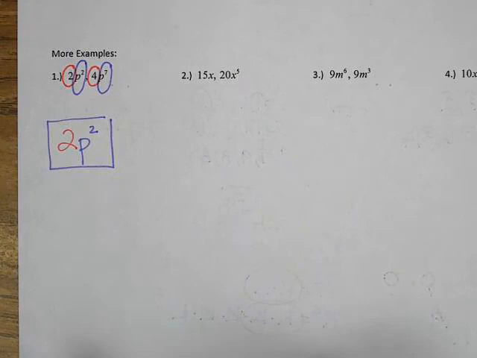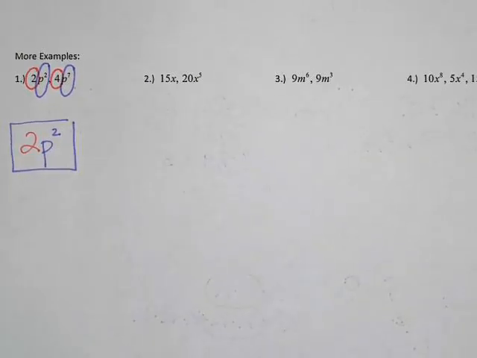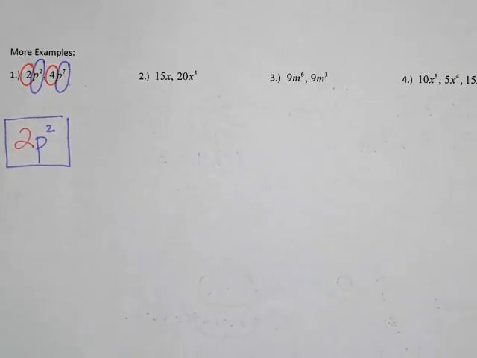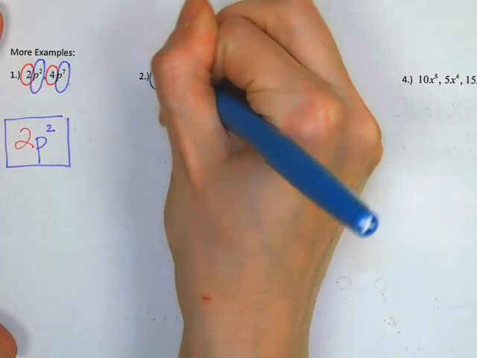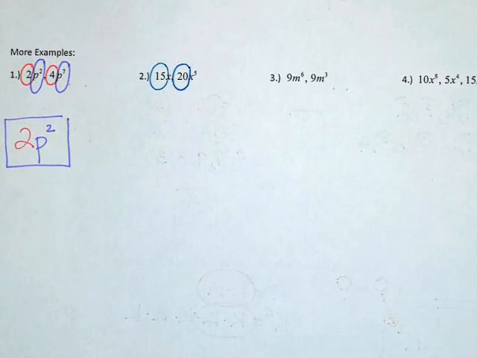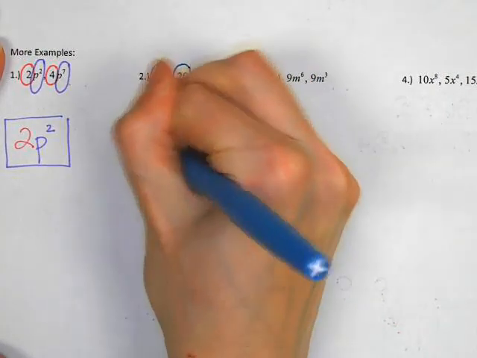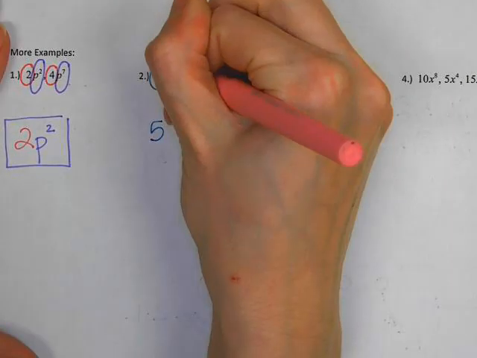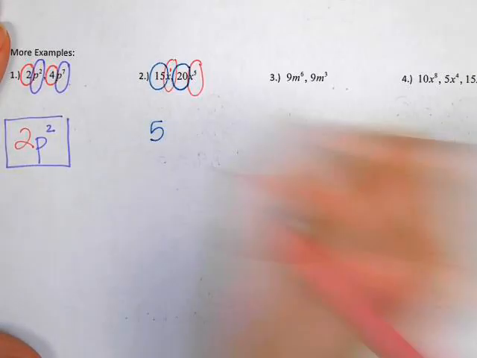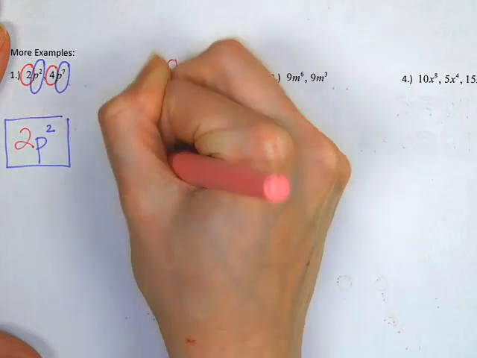All right, the rest, guys, I would pause and try it yourself, but I'm just going to run through them real quick here. So out of 15 and 20, the GCF is 5. It's the biggest number that they both divide by evenly. And then for the power, this one's 1 and this one's 5, so it's always the smaller one.